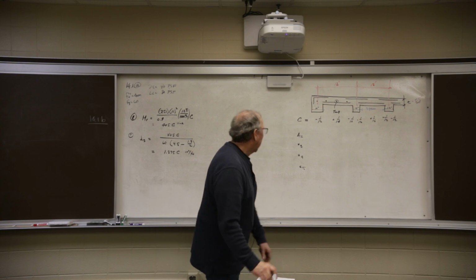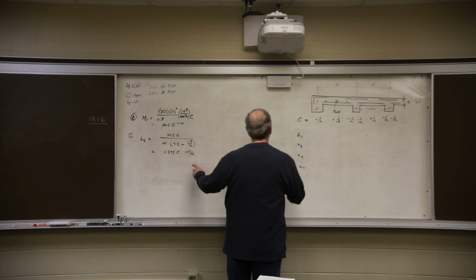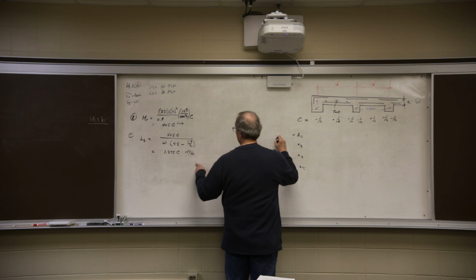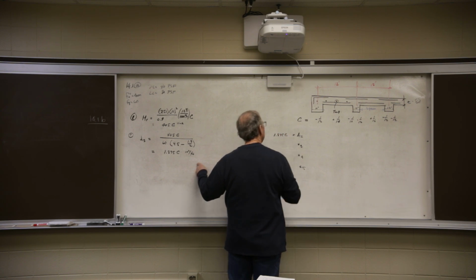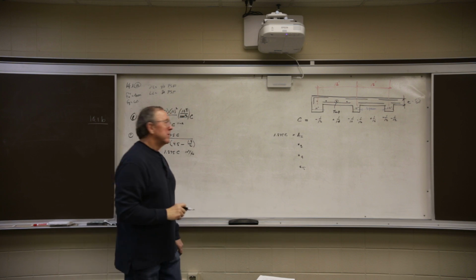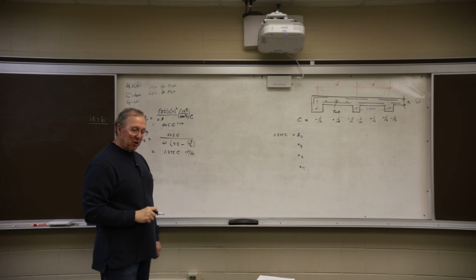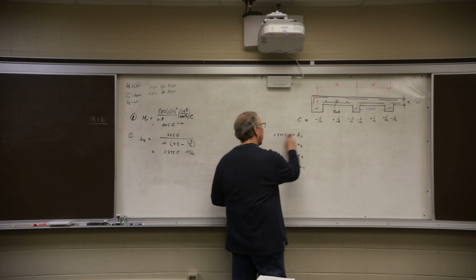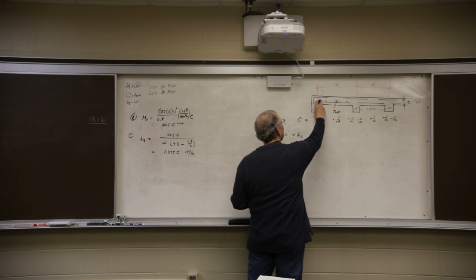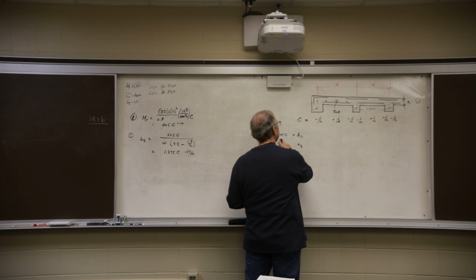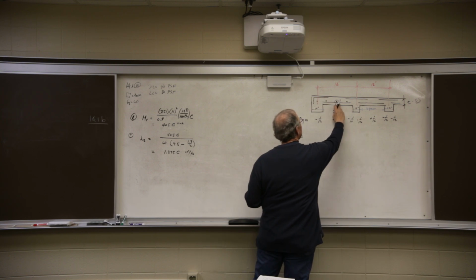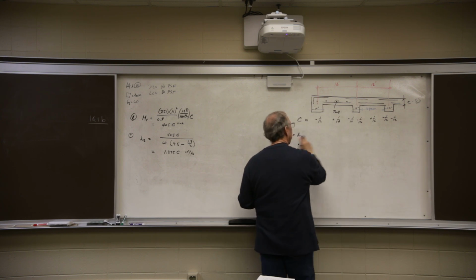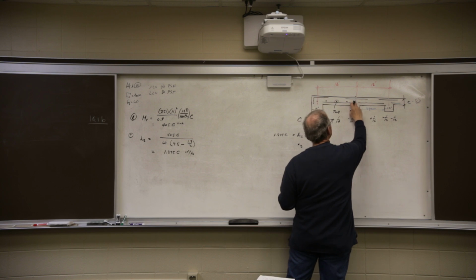Our equation for area of steel is this. So just do the multiplication. This times this gives me the area of steel of that bar. This times this gives me the area of steel of that bar. This times this gives me the area of steel of this bar.